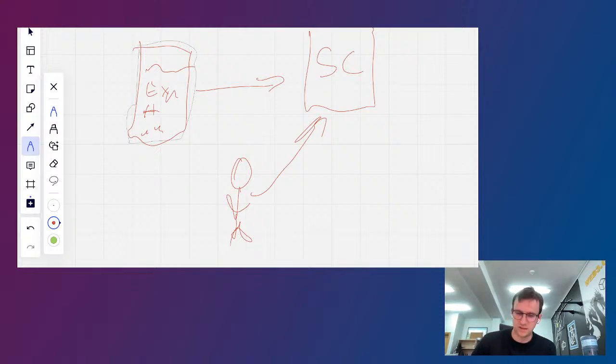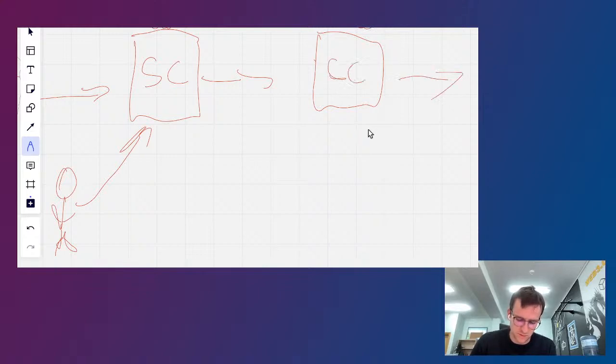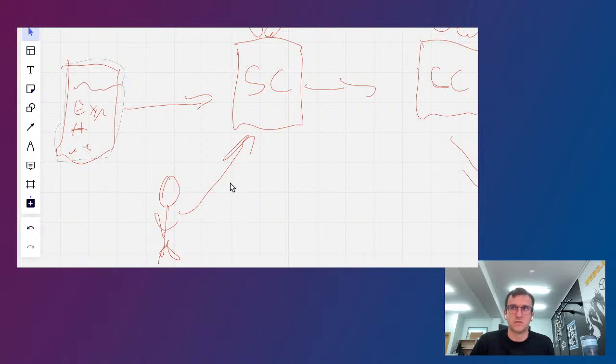And if they do provide a loan, the data is moved from one validator to another validator, and so on. There might be different paths, but that's what's happening. Someone creates the request, and the data is moving around.